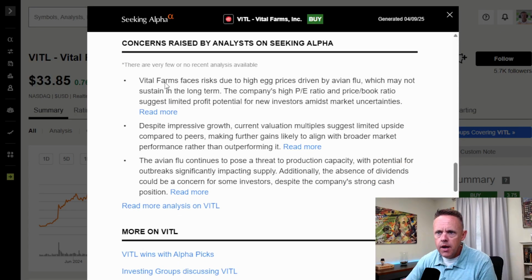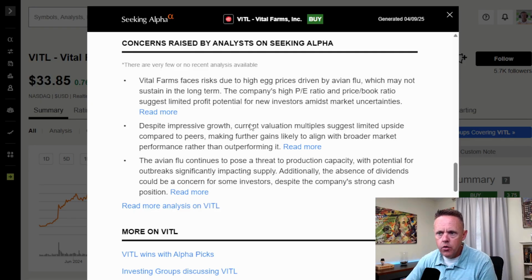And it says, Vital Farms faces risk due to high egg prices driven by avian flu, which may not sustain in the long term. The company's high PE ratio and price-to-book ratio suggest limited profit potential for new investors amidst market uncertainties.